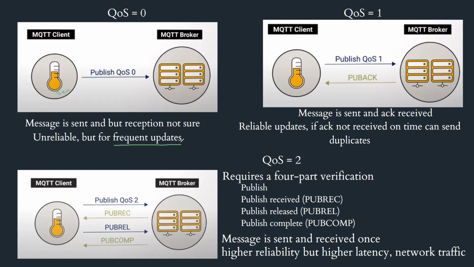Very frequent updates means, for example, if the sensor is sending data every 1 second, or every 5 seconds, then losing 1 or 2 data points, or a small percentage of data, might not really affect the overall performance analyzed at the MQTT broker and also at the client device.